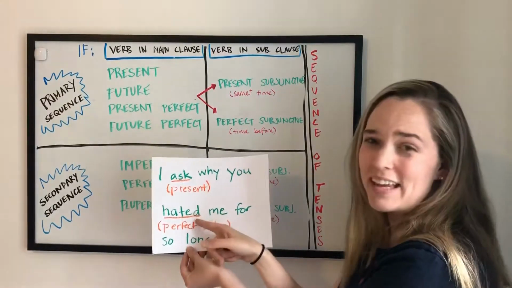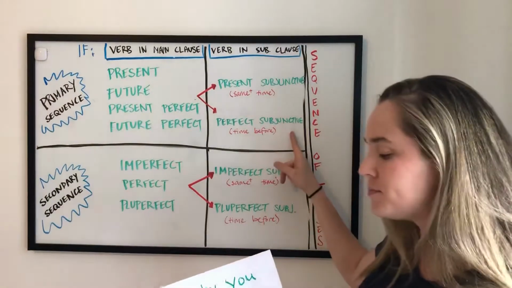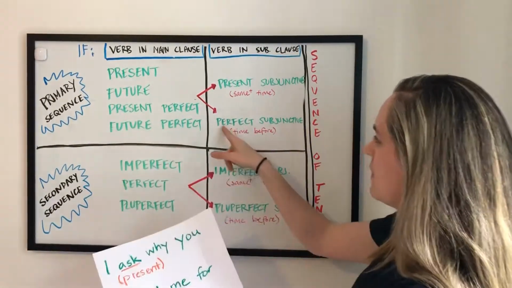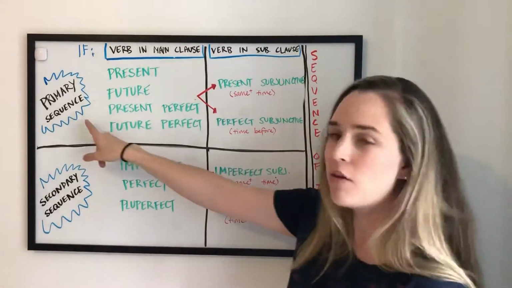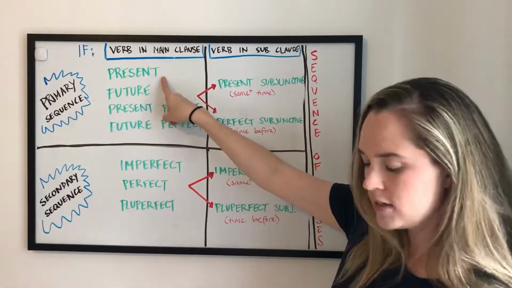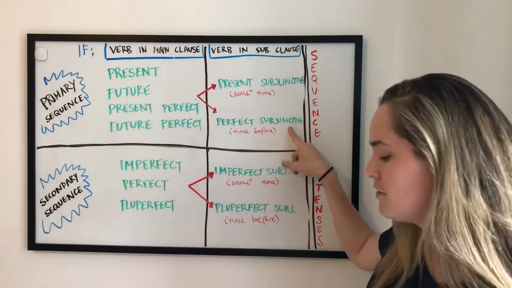"Why you hated me." You used to hate me, so that's expressing time before. So if we were in Latin here, this verb "hated" would be in the perfect subjunctive because we're in primary sequence, our main verb is in the present tense, and the subordinate clause is expressing time before. So we use the perfect subjunctive.